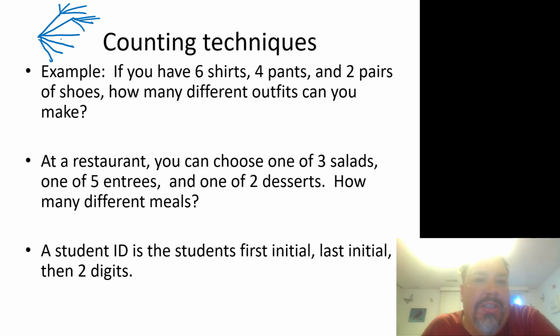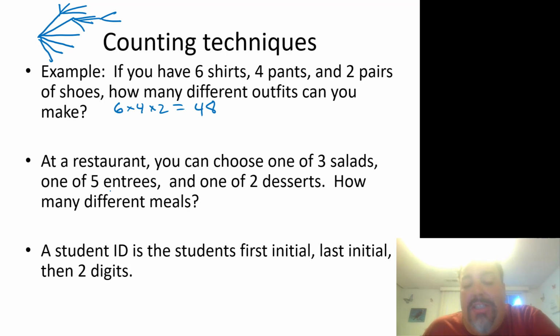After you make the first choice of the shirt, then you choose the pants, and then off of each of those, you're going to have 2 pairs of shoes. So the total number of outfits is going to be 6 times 4 times 2. 6 times 4 is 24, times 2 is going to be 48 different ways of making an outfit.